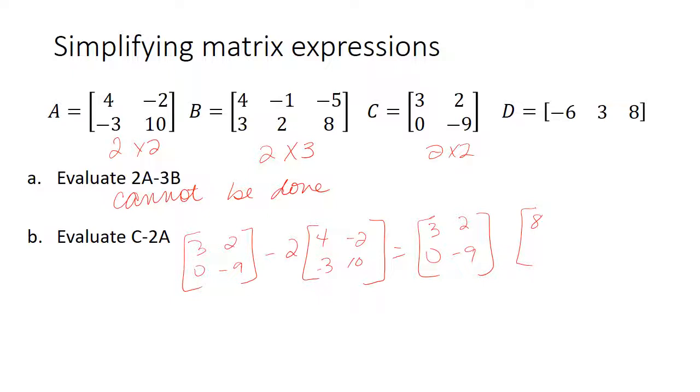Actually, rather than doing the minus right here, I'm going to have my minus with my 2. So this becomes an addition because I'm going to distribute my negative 2 to everything inside. So I'm going to do a negative 8 here, a positive 4, a positive 6, and a negative 20.